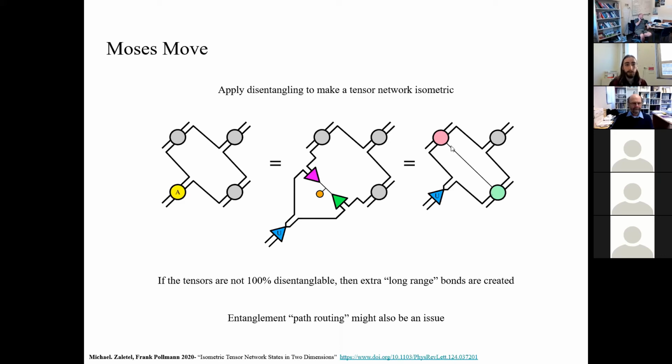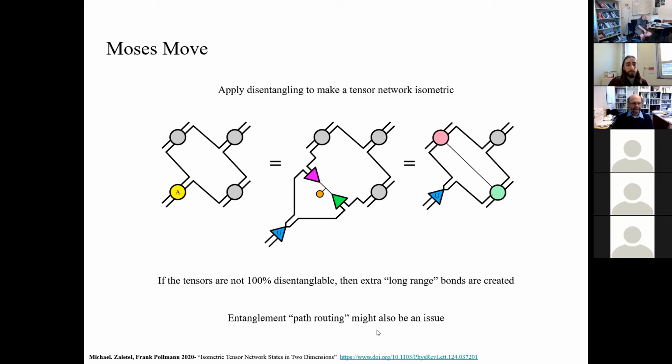The downside is that if you can't perfectly disentangle this tensor A, or if it's not fully disentangleable, if it has always some spectrum, some entropy from across this cut, then you're left with an extra bond in your tensor network, which you need to carry around until it can be compressed or squashed onto your orthogonality center.